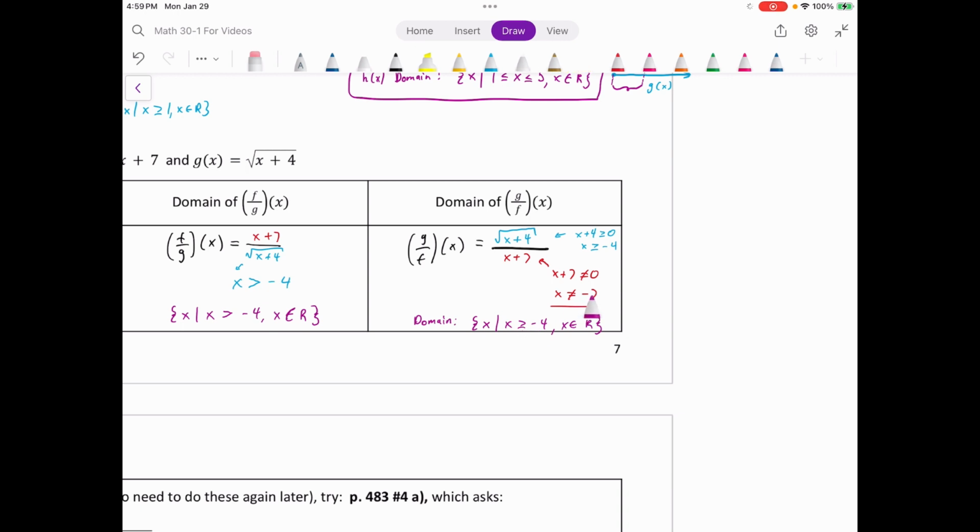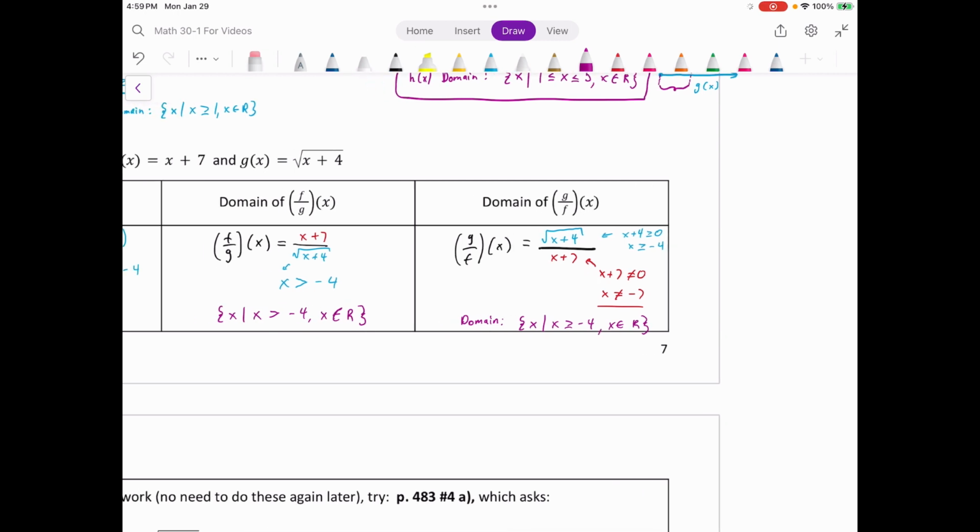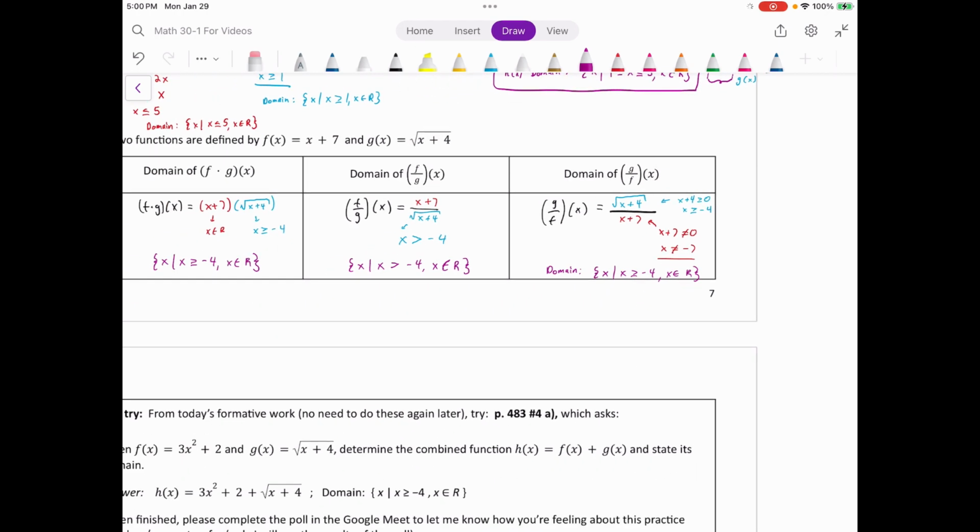That takes care of this one. If I tell you that I am older than 20, I don't need to also tell you that I'm older than 10. Automatically, if I'm older than 20, I am older than 10. Kind of the same idea here. If x has to be greater than or equal to negative 4, we don't have to specify that it also can't equal negative 7. We already knew that.